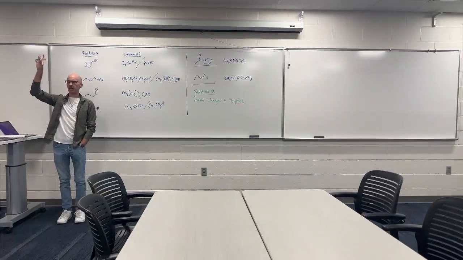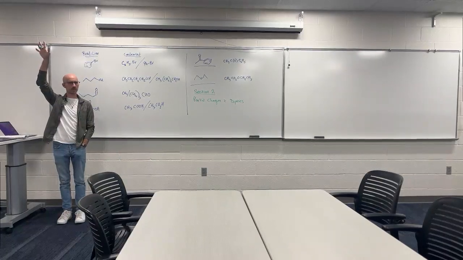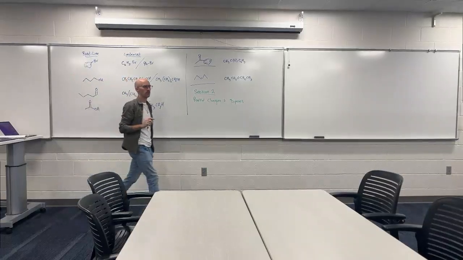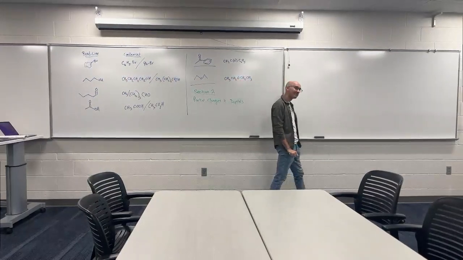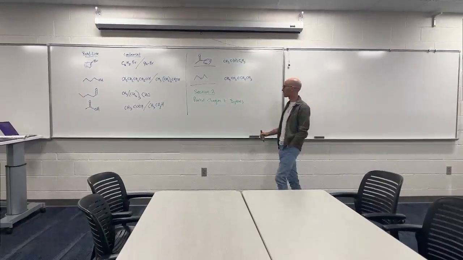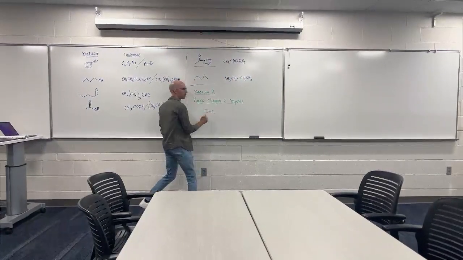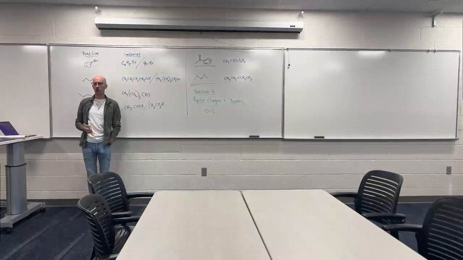Who remembers partial charges from their time in general chemistry? Yeah? This is an effect of what, Will? The uneven attraction of electrons between molecules of different electrons. Great. So if we take a look at a carbon-carbon bond, what is the partial charge there?